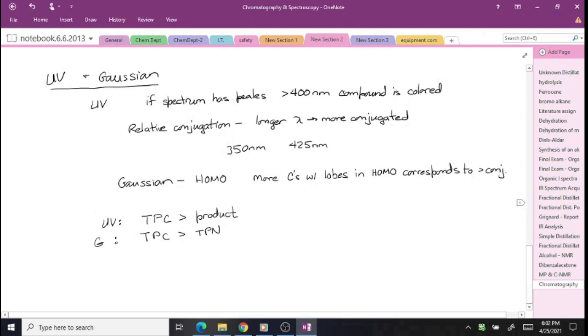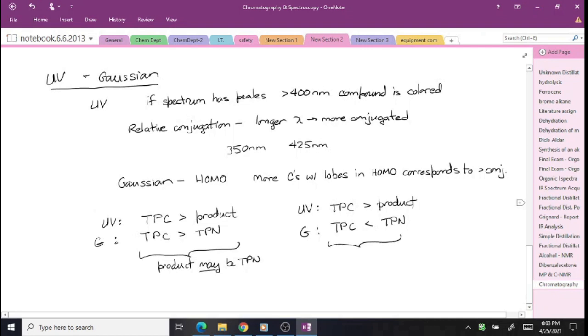Well, under this scenario, our product may be TPN. This is not a guarantee it is, but it suggests it may be. On the other hand, if our ultraviolet spectrum said that TPC was more conjugated than our product, but the Gaussian said the opposite, TPC was less conjugated than TPN, this would definitely exclude the TPN as the product.